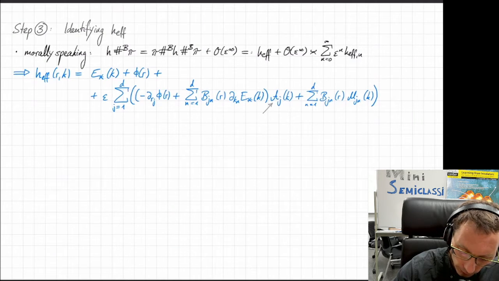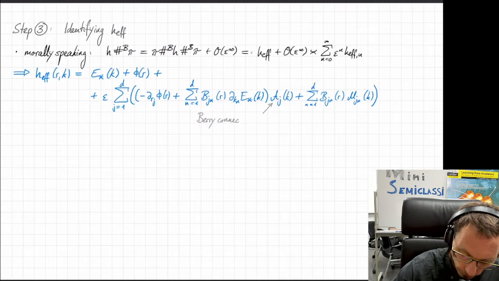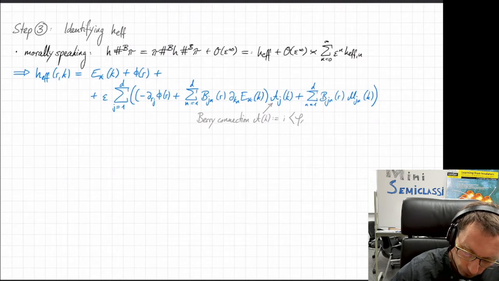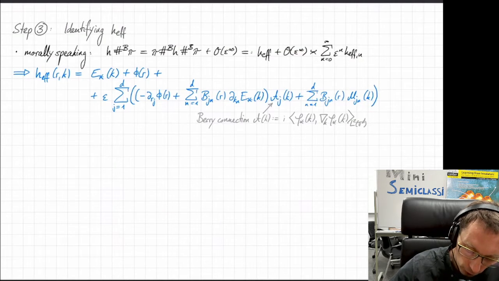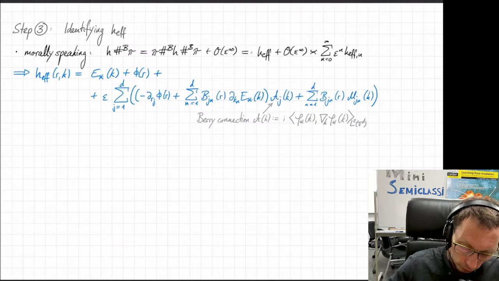So this here is the Berry connection. And this is just i times the scalar product of phi star evaluated at k with the gradient of phi star of k. And this is the scalar product on the L2 space over the real space torus.